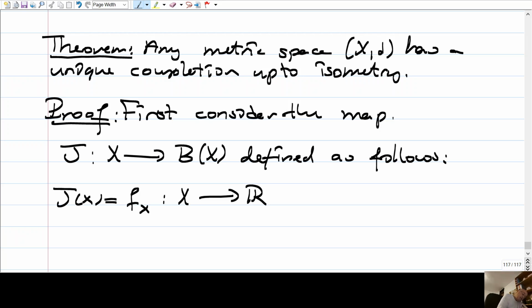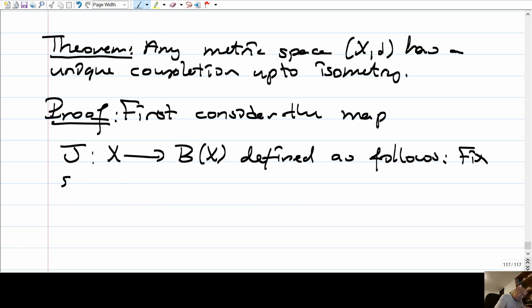Let me here first consider the map. Let's say, fix some point x0. Okay, x0.